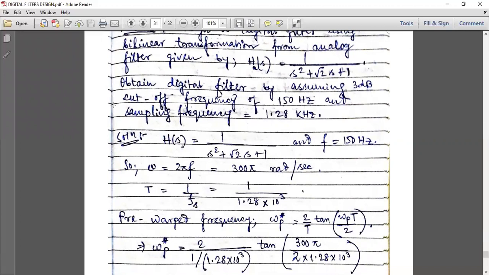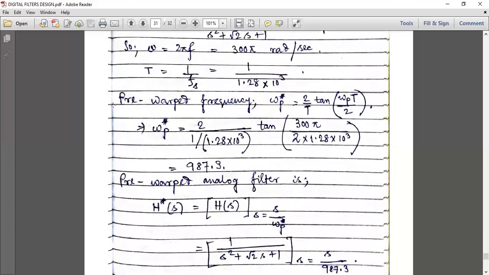Omega p is 300 pi by 2 into 1.28 into 10 to the power 3, which comes as 987.3. Okay, so 987.3. Now, prewarp analog filter is H star S equal to HS at S equal to S by omega p star.